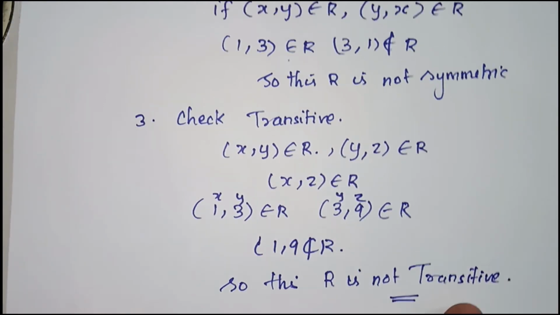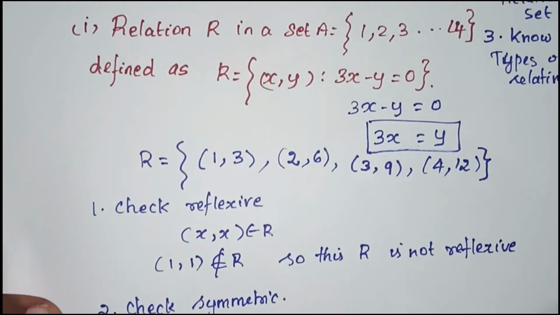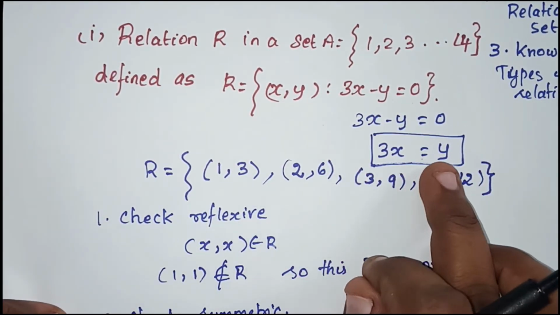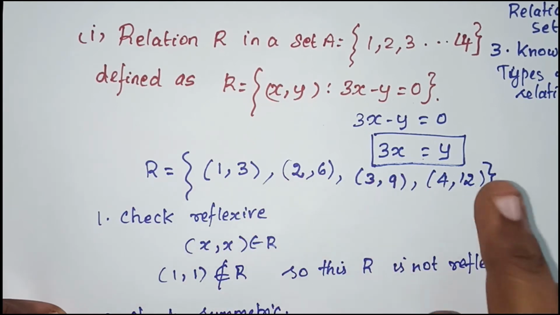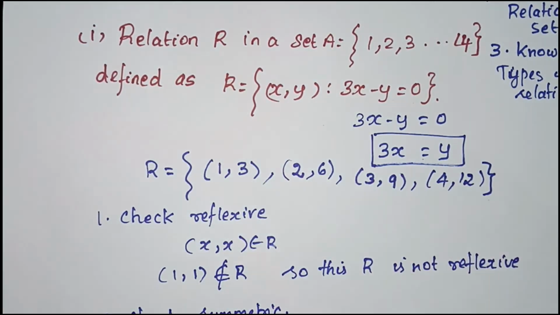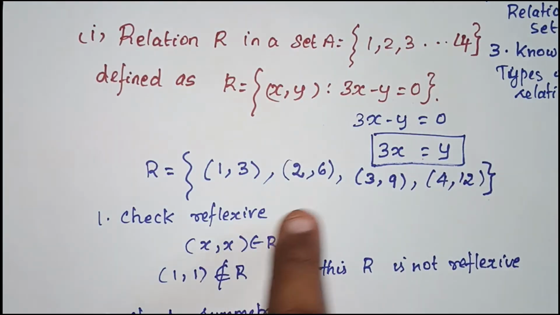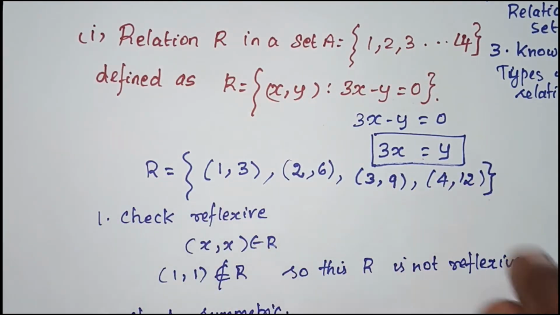So first we need to understand the given relation. After understanding the relation, we need to write the relation set. While writing the relation set, you need to remember one point: the numbers should be available in the given set. So I wrote the relation set.